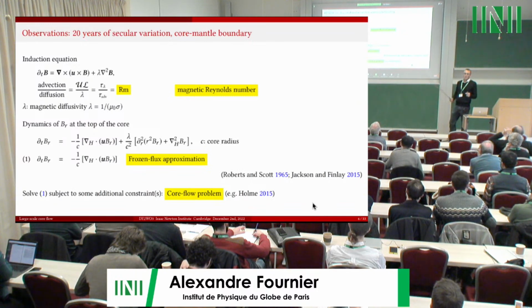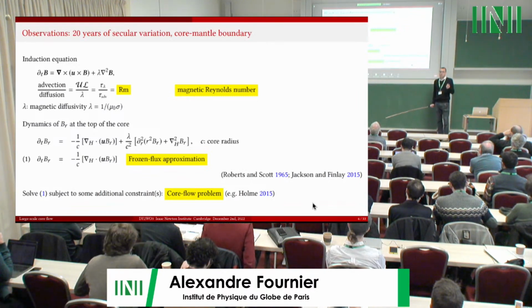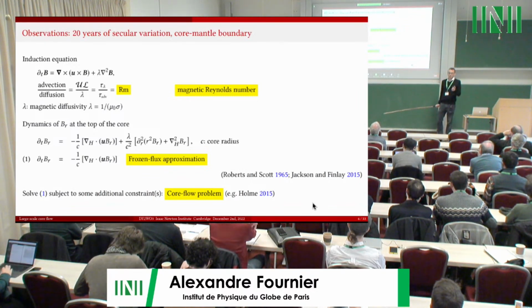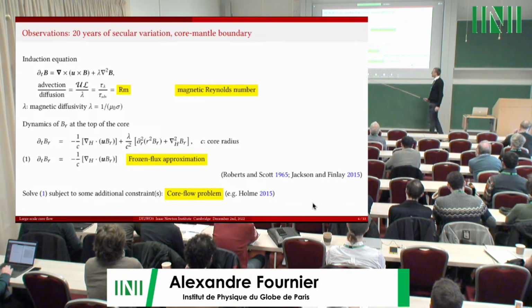And in particular, Nicolas pointed out on Tuesday that it's extremely important, in particular when you're looking at satellite data, to include the effect of the unresolved small scales of the field and the flow on the resolved large scales of the secular variation.